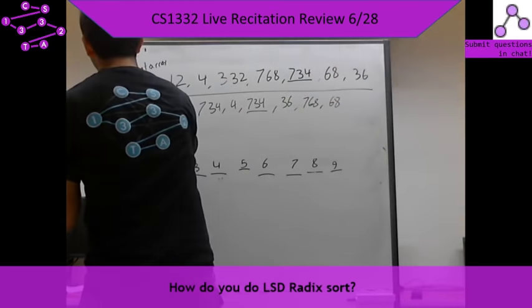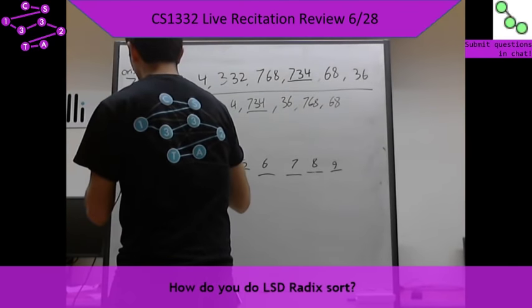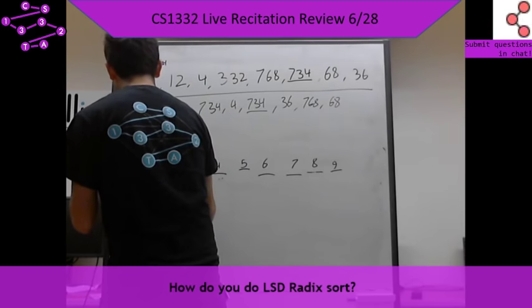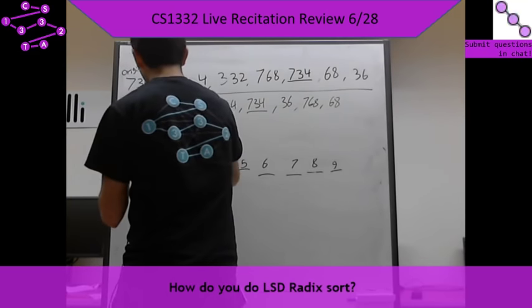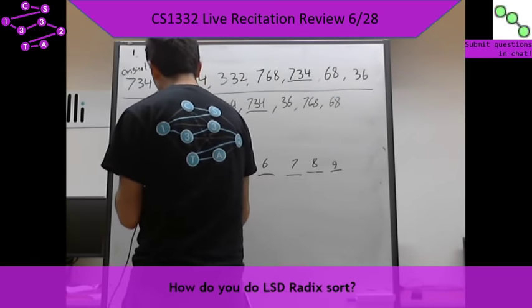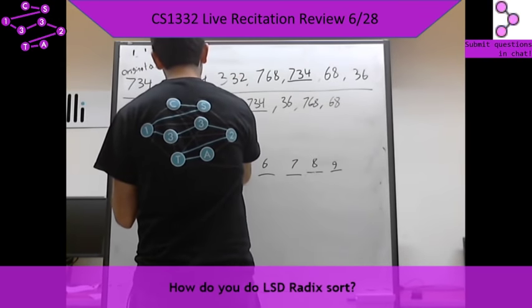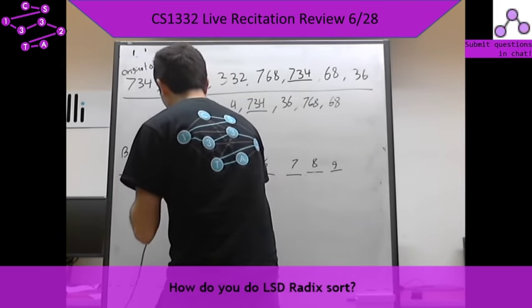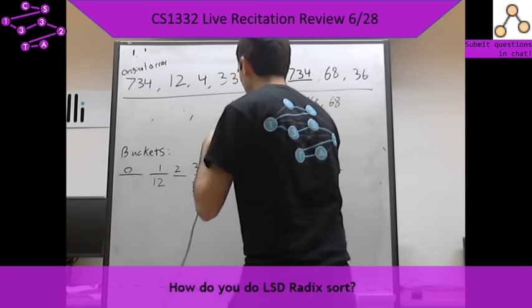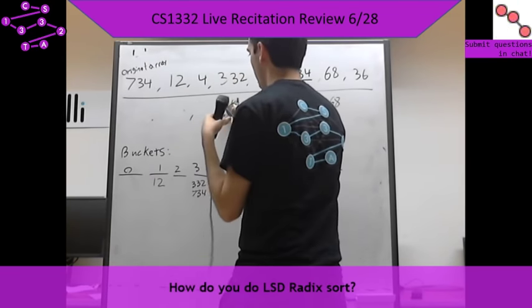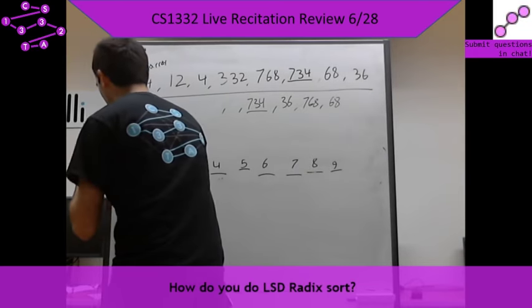So 12 has a 1 in the tens digits place, so it's going to go in the 1 bucket. 332 has a 3. 734 is also a 3. Maintaining that order. 4 has nothing there. That's considered a 0.